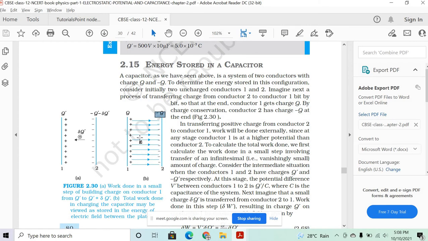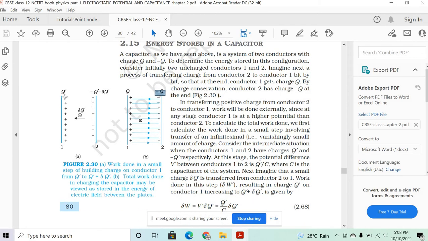We need to find how much energy is being stored. So we'll go logically. Assume that the charges will go from one plate to another plate slowly, a small charge at a time, till both the plates have the same quantity of charge in different directions.